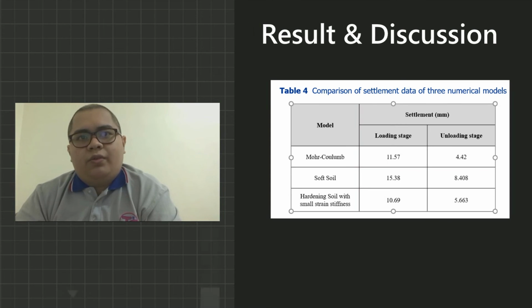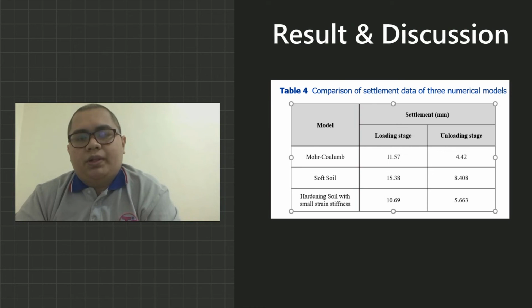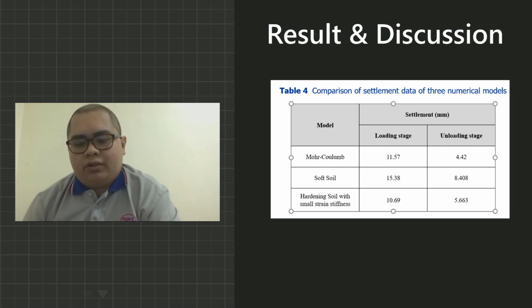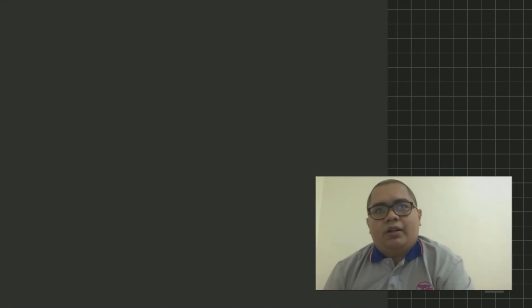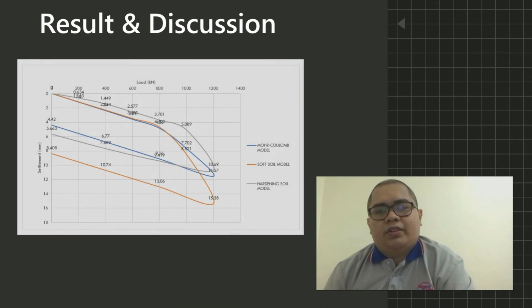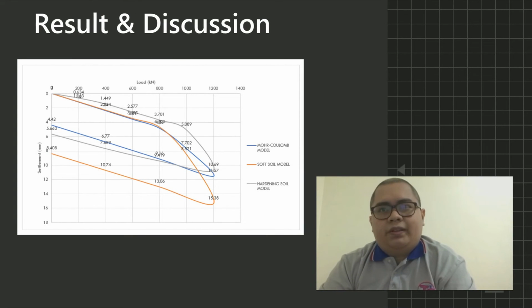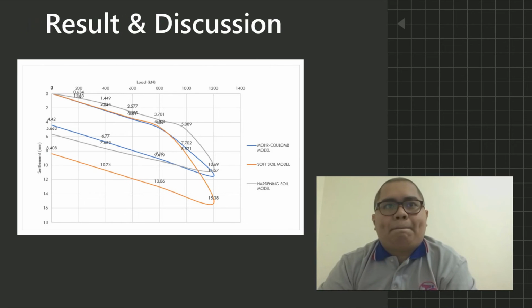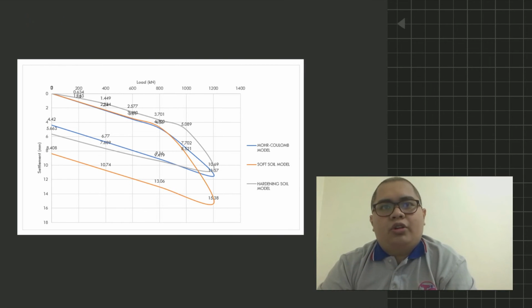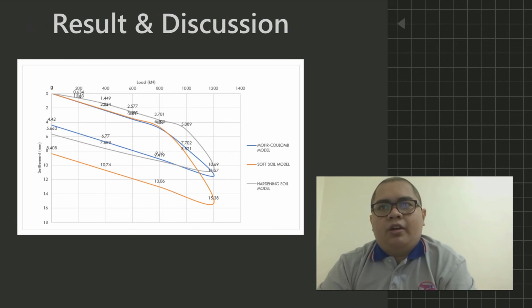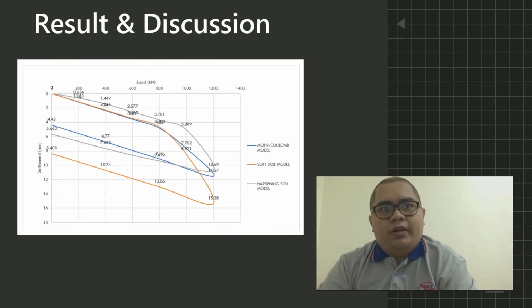Unlike soft soil, which is very elastic and flexible, the hardening soil model has small strain stiffness, which enhances soil stiffness. This graph shows load versus settlement for the three types of model, which shows the variance in findings between the three models. The hardening soil model and Mohr-Coulomb model settle similarly compared to the soft soil type for each loading and unloading.